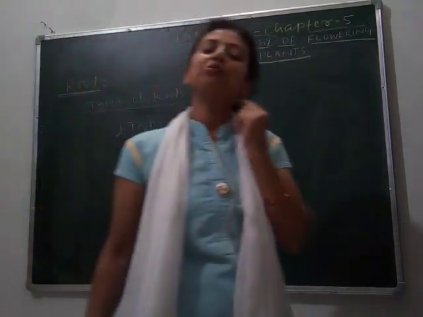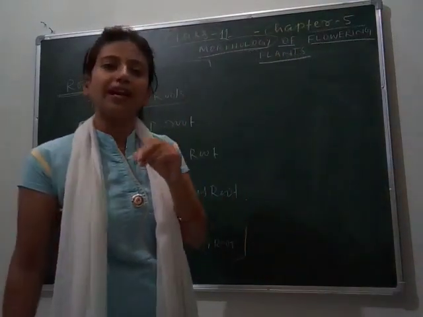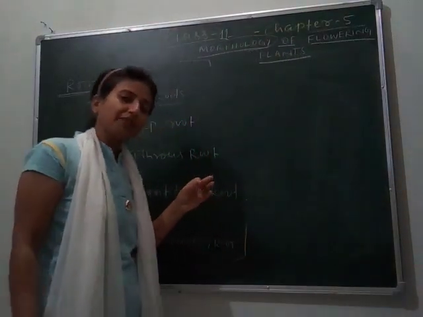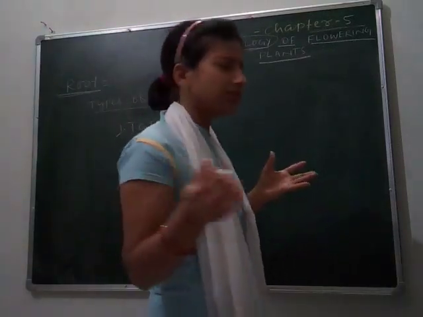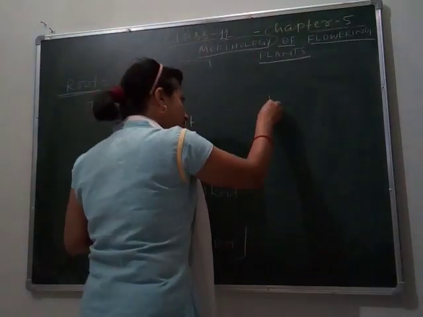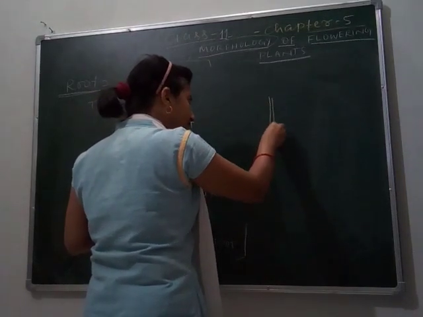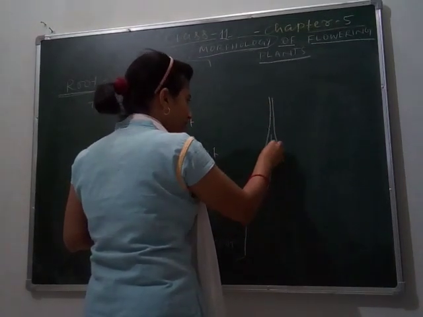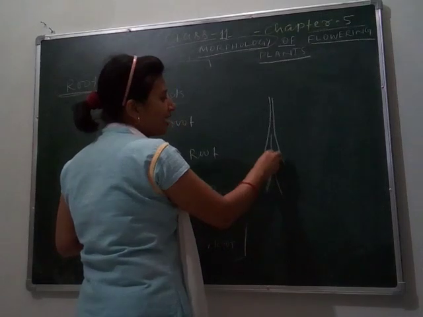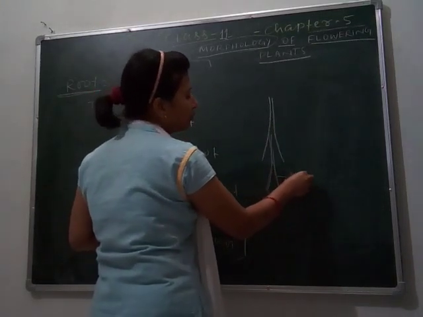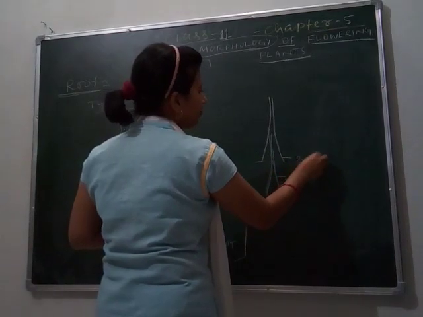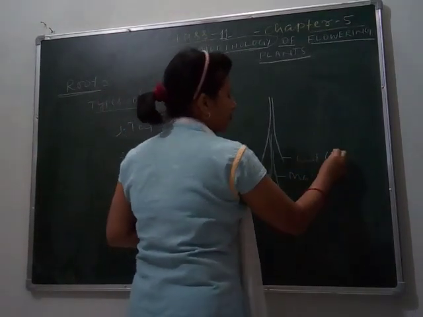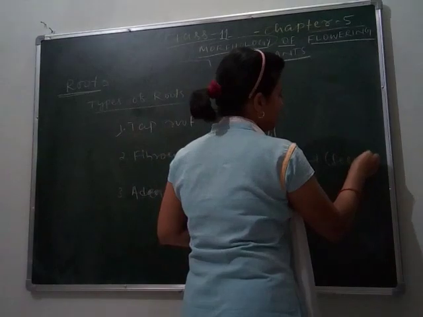Tap root system is normally found in dicot plants. You know about dicot plants, which have a complex structure compared to other plants. This is a dicot root. This is the main root, and these are the root hairs which constitute the secondary root.